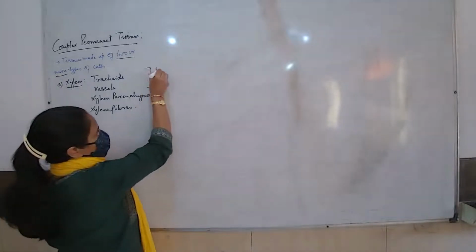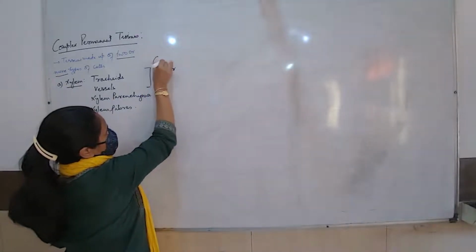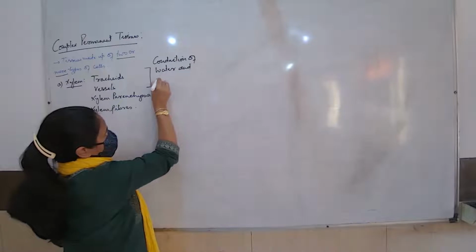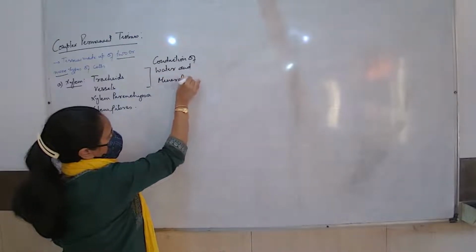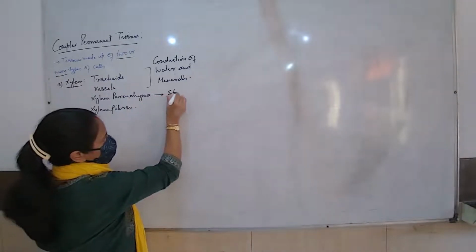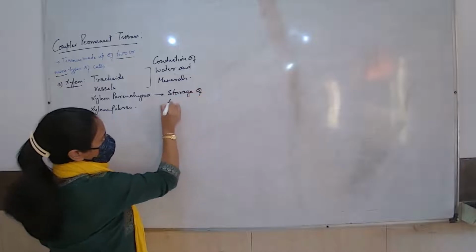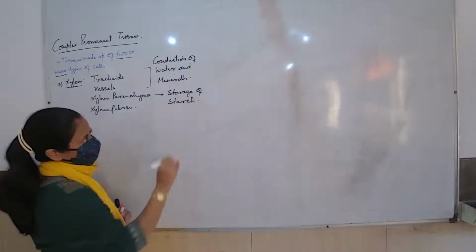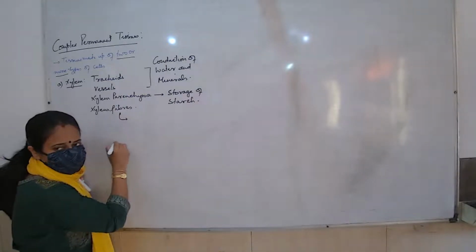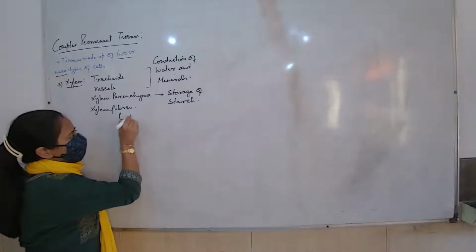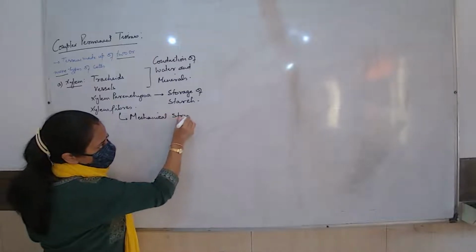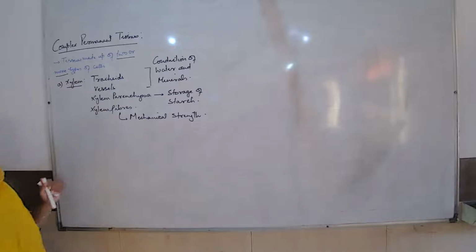So we will write their function: conduction, which means passage, of water and minerals. The function of xylem parenchyma is storage of starch. And xylem fibers basically give mechanical strength and support.